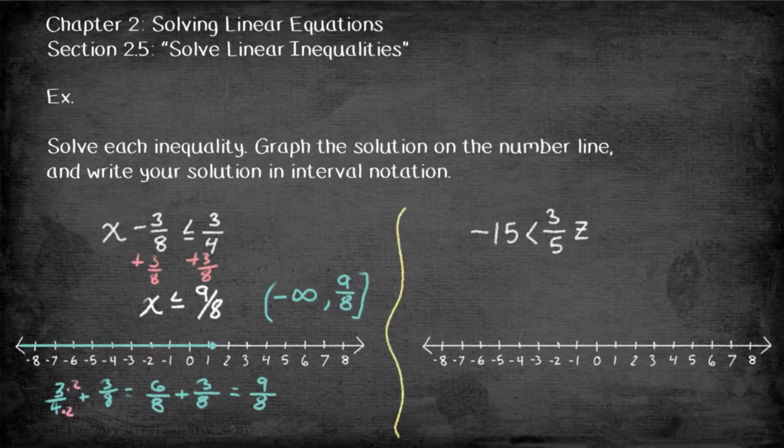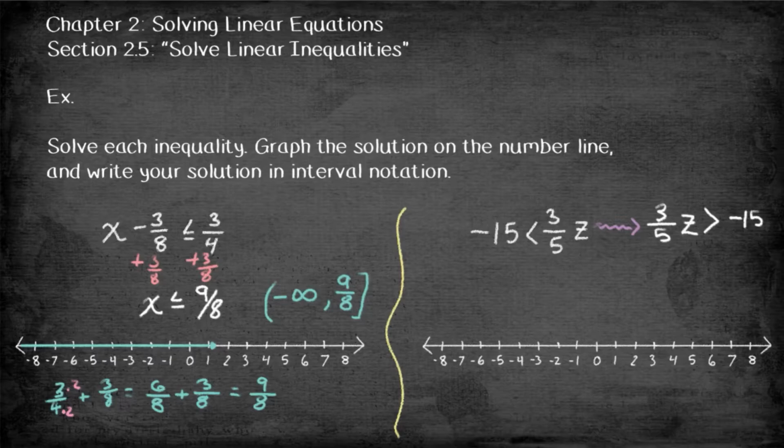So in these situations, just so that we keep everything straight, I'm going to turn the inequality around. Just to kind of keep things consistent with how we're doing it over on the left side.